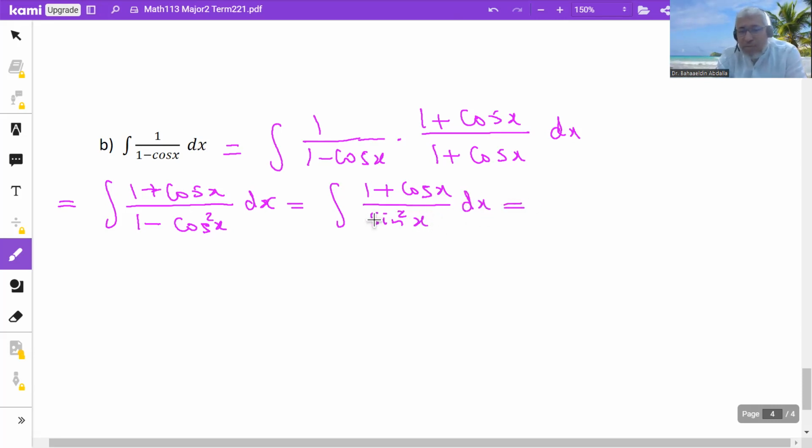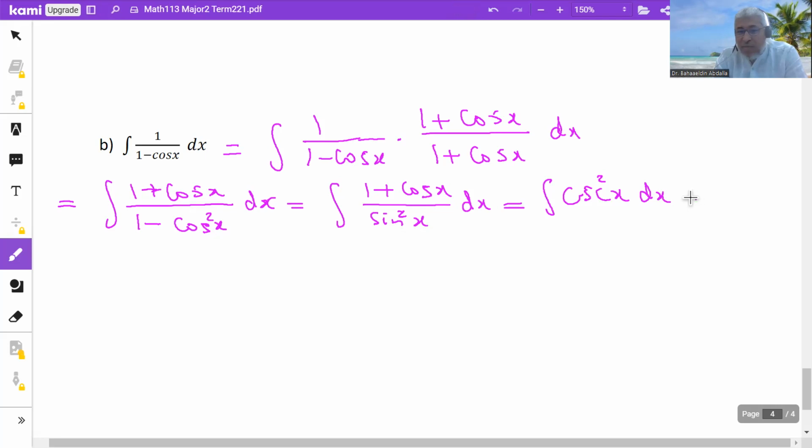And now I have 1 plus cosine, so I can write it as 1 over sine squared, distributing 1 over sine squared. And 1 over sine squared is cosecant squared. I know the integral of cosecant squared is negative cotan, because the derivative of cotan is negative cosecant squared.